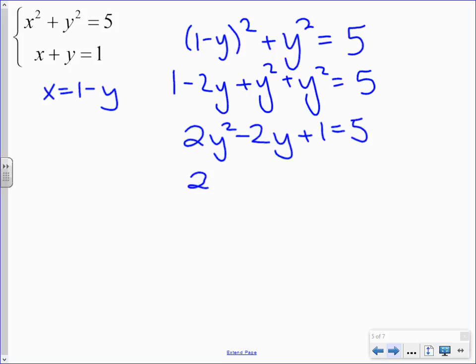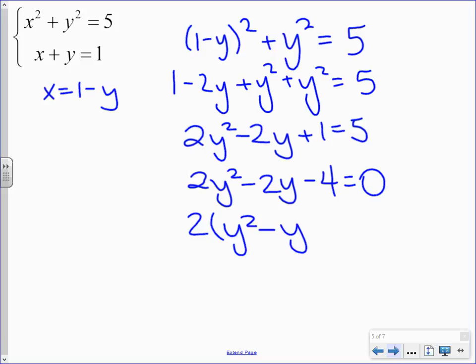Anytime we have a quadratic, we need to set it equal to 0. So we have 2y squared minus 2y minus 4 equals 0. What can we do with that? Now we can see if we can factor.